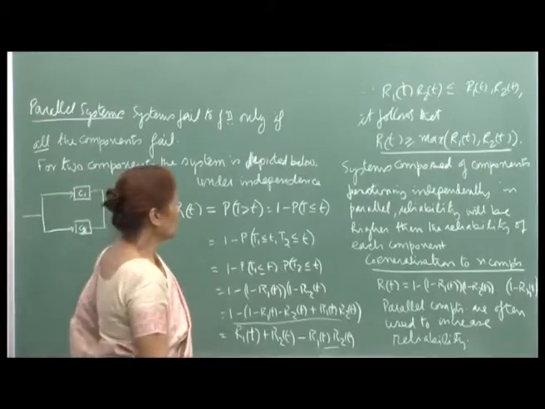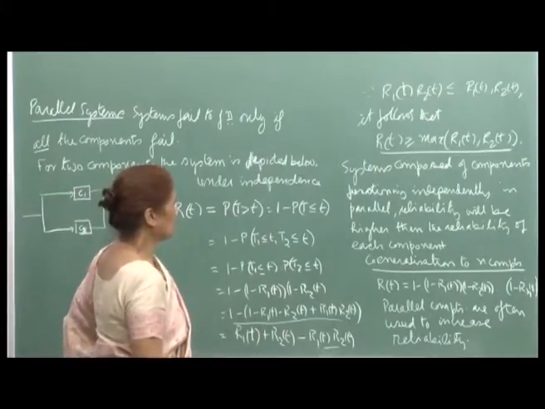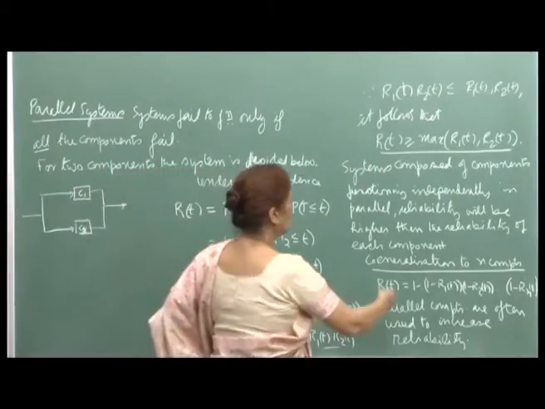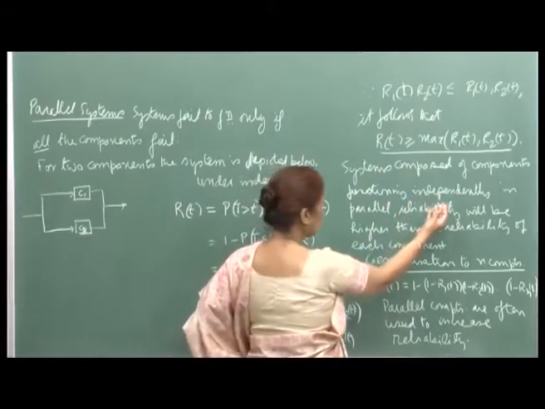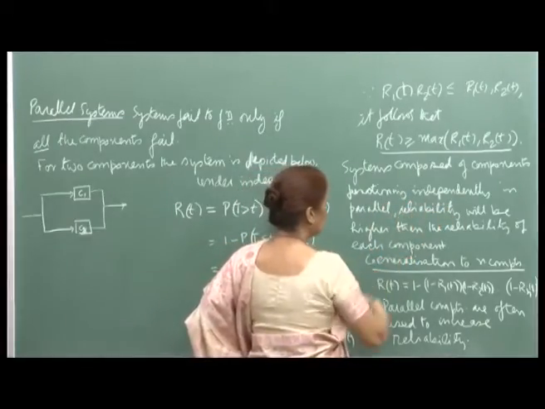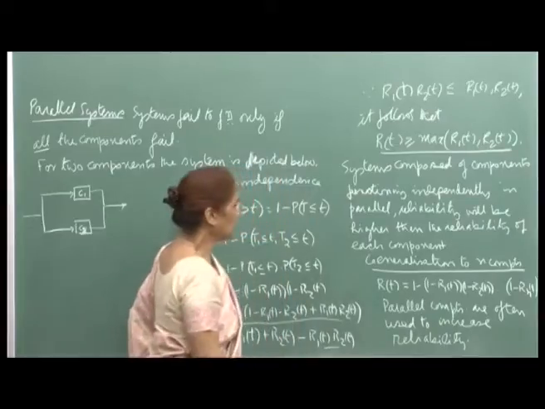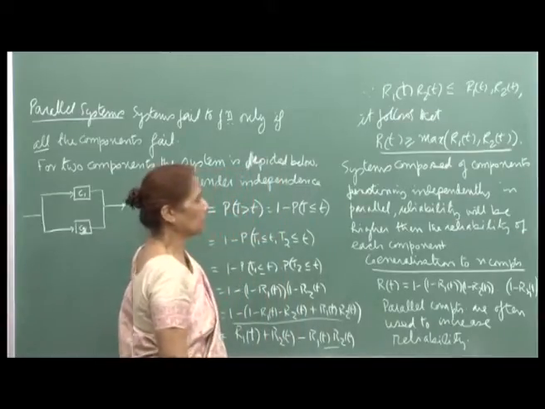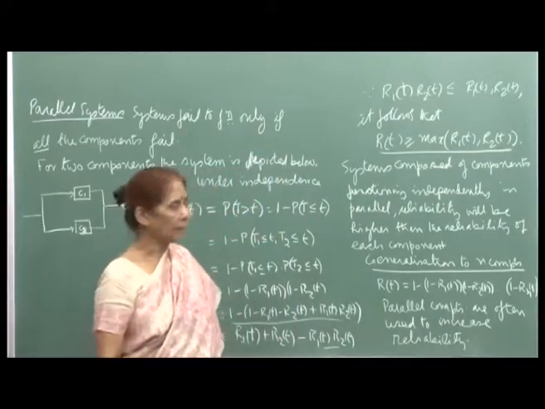And so that immediately shows that systems composed of components functioning independently in parallel will have higher reliability than each of the components that are in parallel.